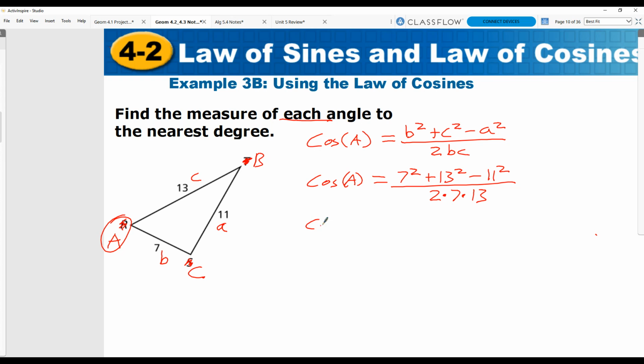All right, so cosine A is going to come out to, okay, 7 squared plus 13 squared is going to get us 218.